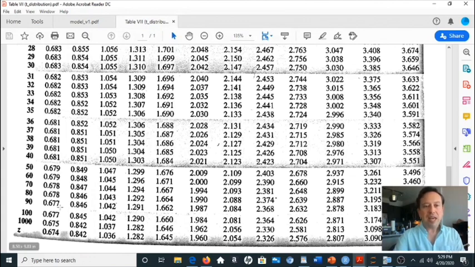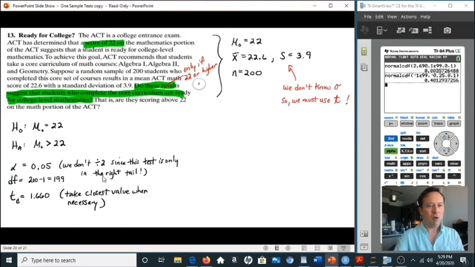So I'm in this row, and I need the 0.05 column, which puts me right here at 1.660 as my t sub c. Also note that this is a right-tailed test, so this would be a positive 1.660. If this were a left-tailed test, this would be negative 1.660. So now we put that on the right side at positive 1.660, separating H0 and HA on the right.